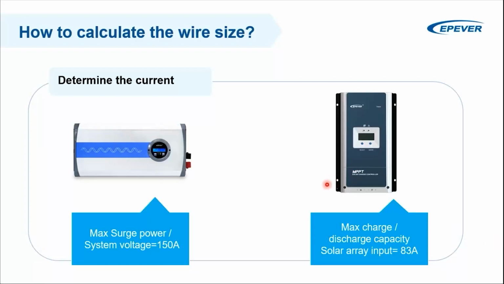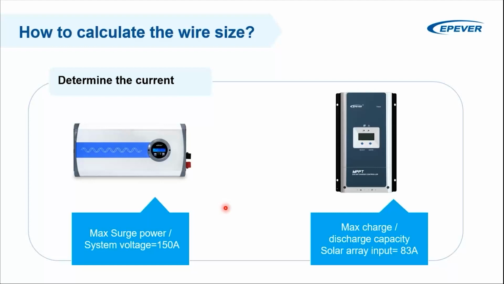For the charge controller, the limit will be the charging and discharging capacity. We talked about it. For the inverter, if you consider that you have 6 kilovolt amperes, then you divide it by your system voltage, which is 48. Then you will have about 125 amps.